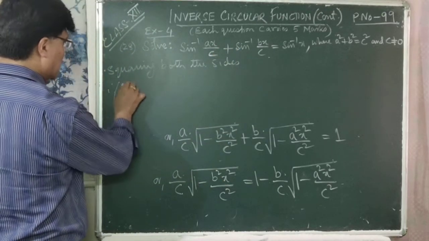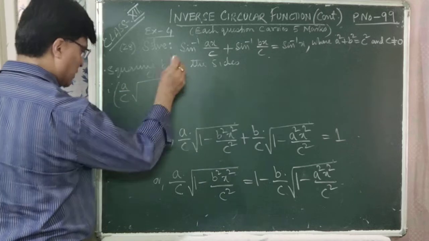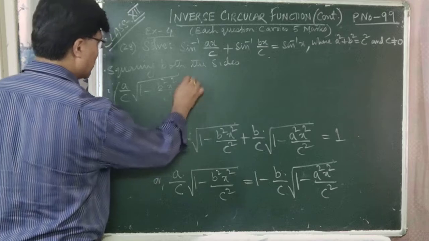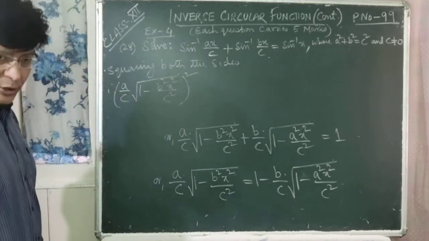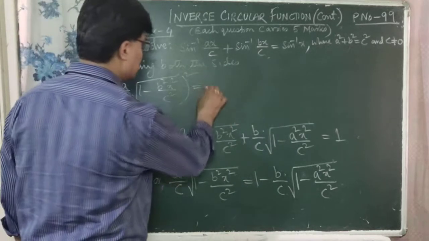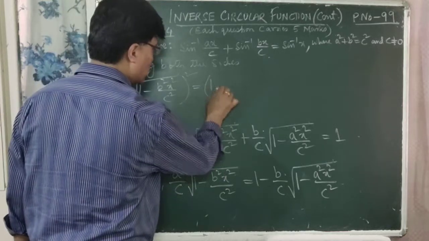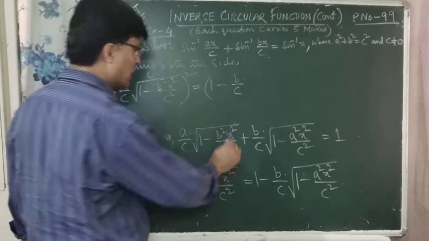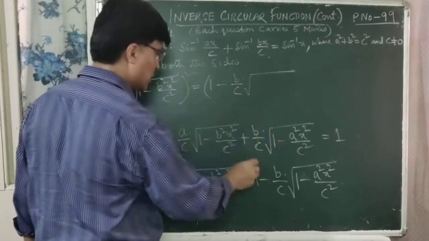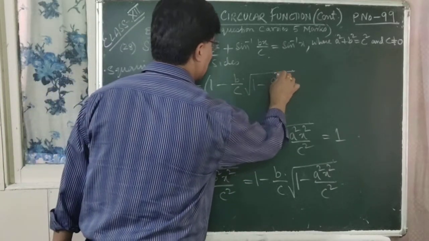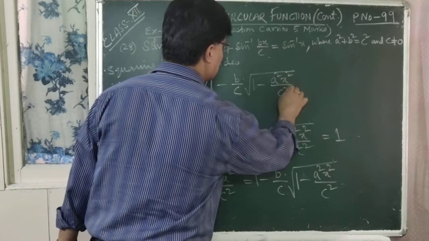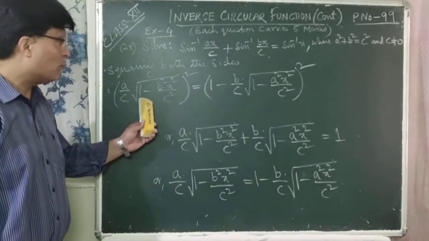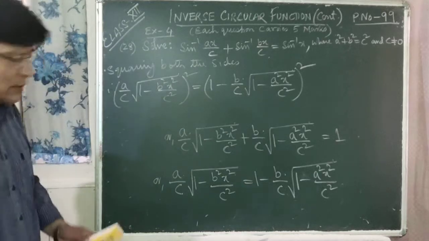Therefore, this is a by c root over 1 minus b square x square by c square whole square, which is equal to, now within bracket, 1 minus, this is b by c, okay, then root over 1 minus a square x square by c square, this is also whole square. That is, both the sides are squared, right?